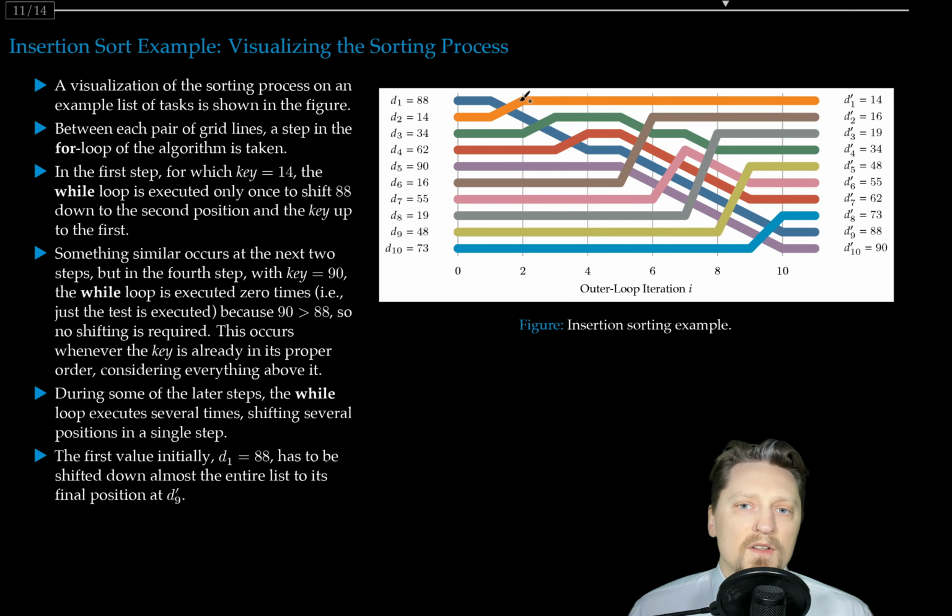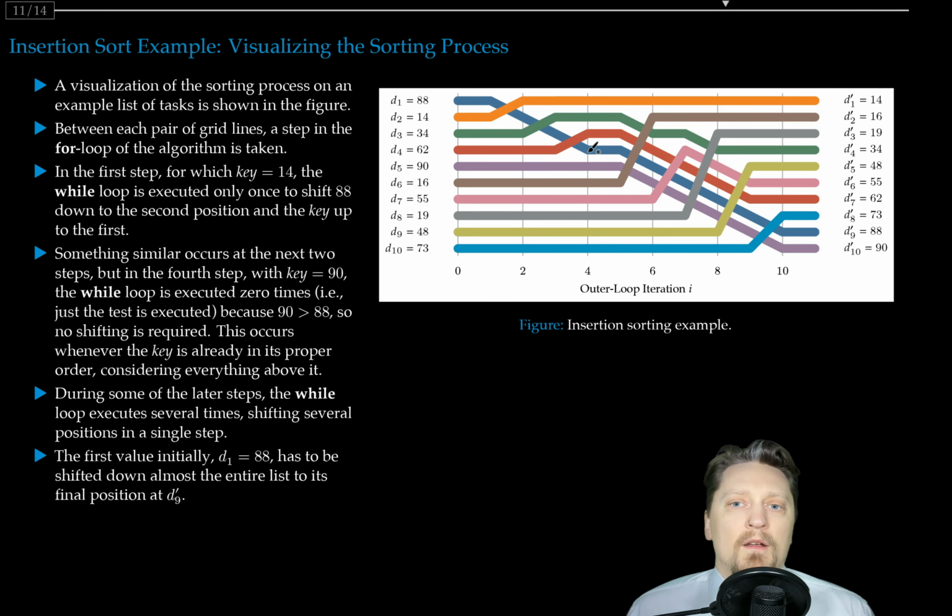So we've rearranged these first two elements now to read 14 then 88. Our next step is going to swap 88 with 34. So 34 is our key duration. We'll swap it with 88. Good. We do that again with 62 and 88. So after 3 steps, we have the order 14, 34, 62, and then 88.